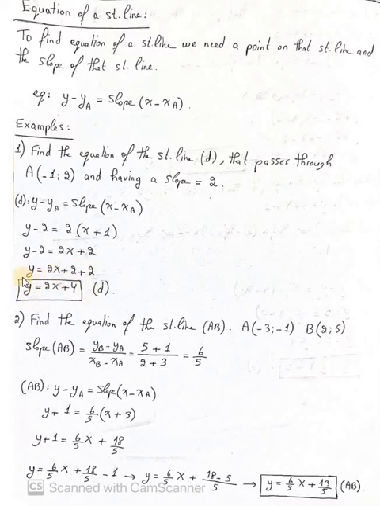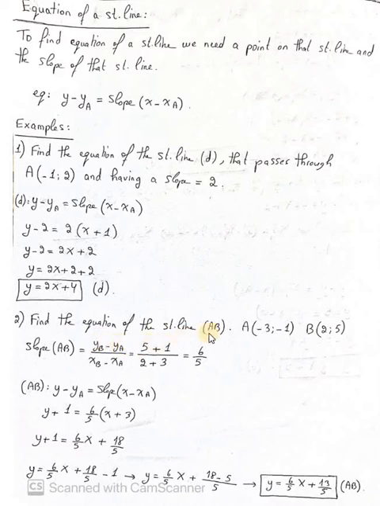Now this is the equation of the straight line D. Okay, so we found the equation of the straight line that passes through this point and has a slope equal to 2. This is its equation. This is very important.